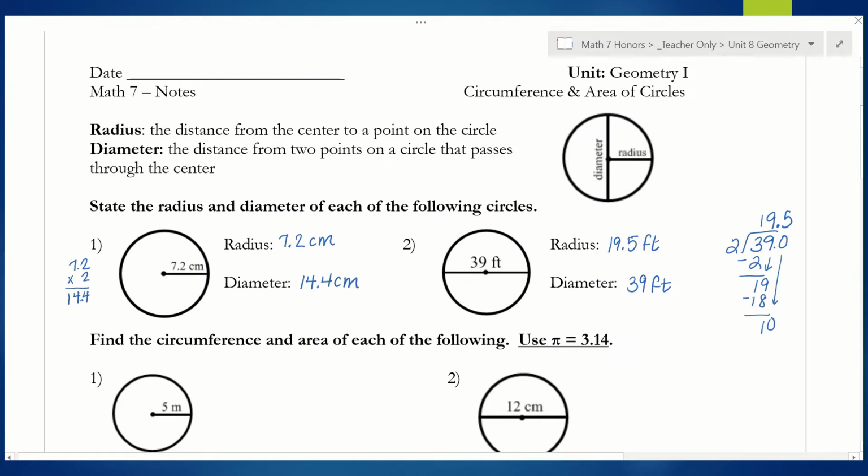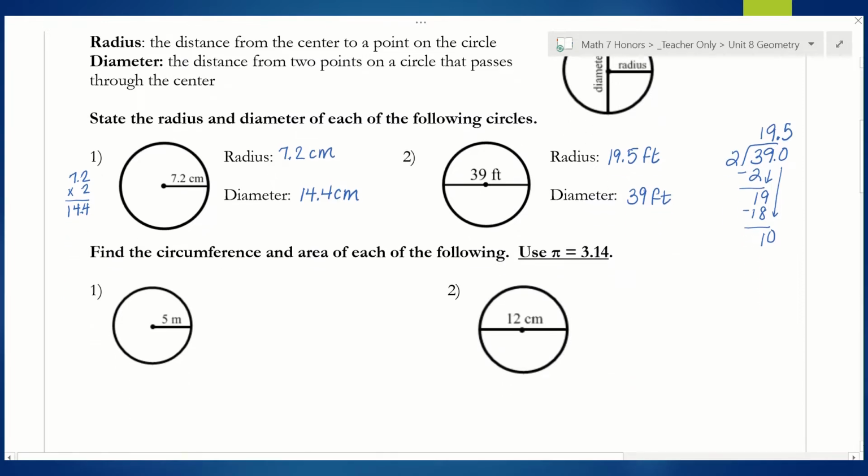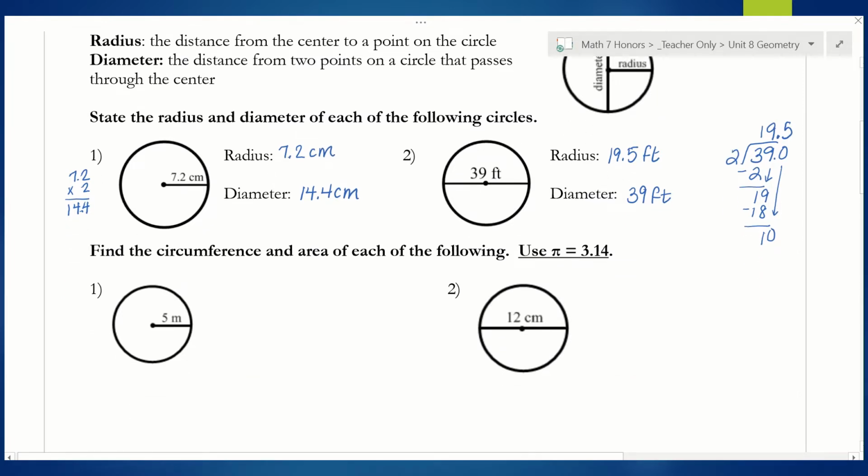So the reason why we went over that is because in order to find the circumference and the area of a circle, you actually have to know what the radius or the diameter are because that's part of the formula. So let's write over on the side here. There's actually 2 formulas that you can use for circumference. The first one is circumference equals pi times diameter.